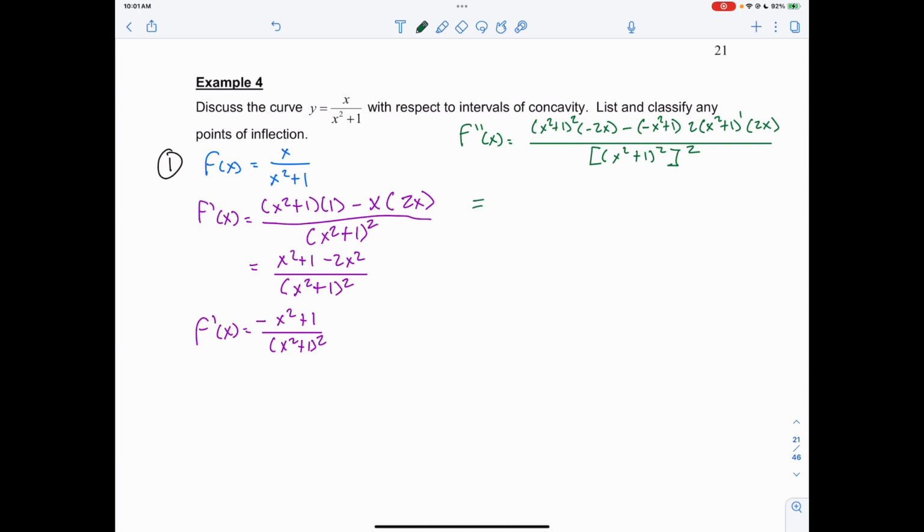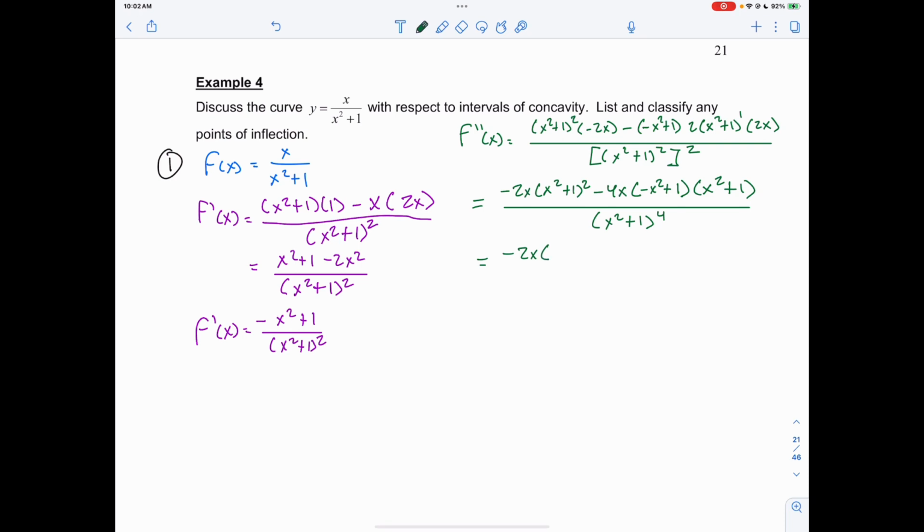Now we do the simplifying. So if I have negative 2x and x squared plus 1 squared minus 4x, negative x squared plus 1, and x squared plus 1, all over x squared plus 1 to the power of 4, then I can factor out negative 2x.